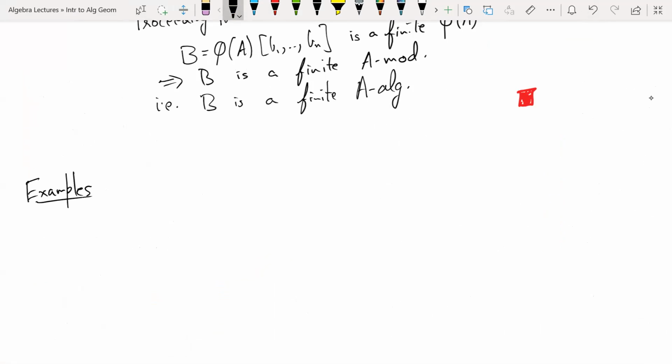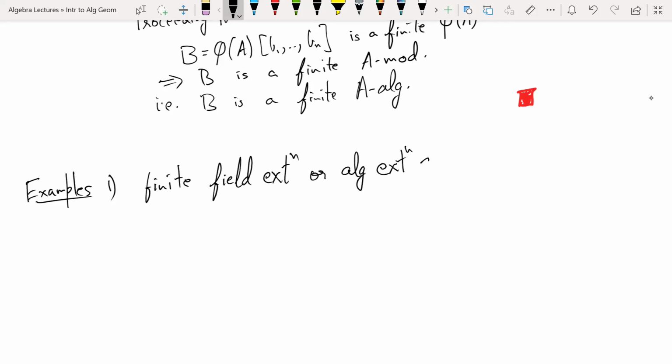Of course, one class of examples is finite field extension, or more generally, algebraic extension, or integral.